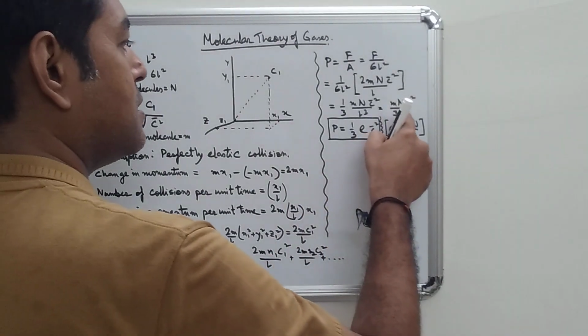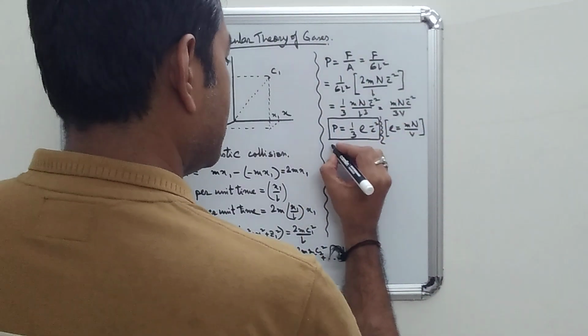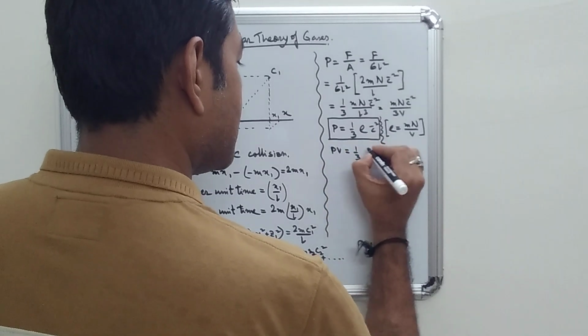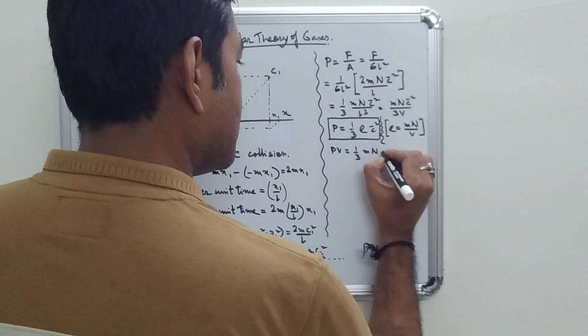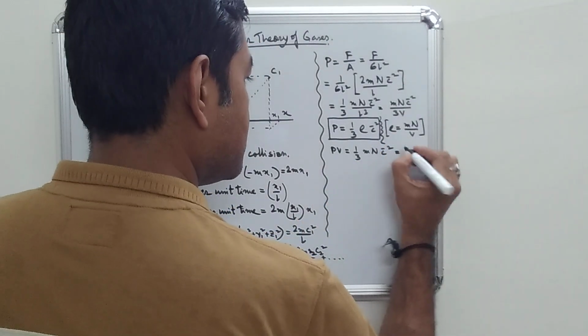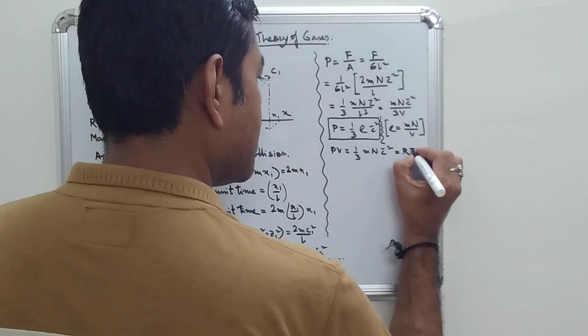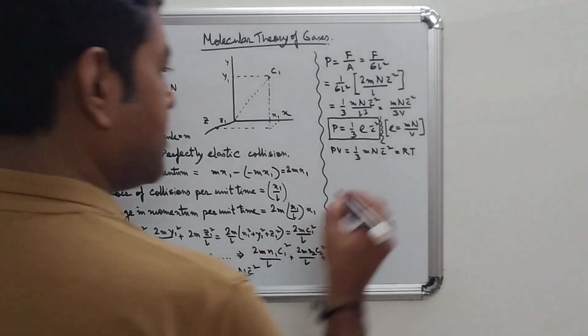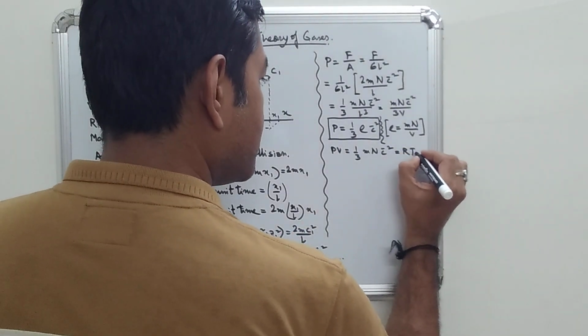Now here, if I cross multiply, PV equals 1/3 m N c bar square, which is equal to RT for an ideal gas multiplied by the number of moles.